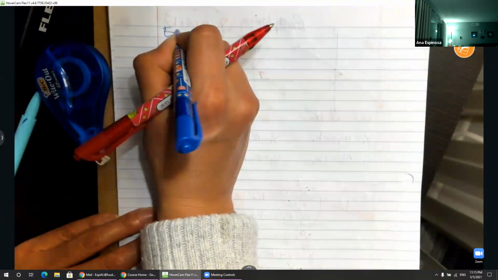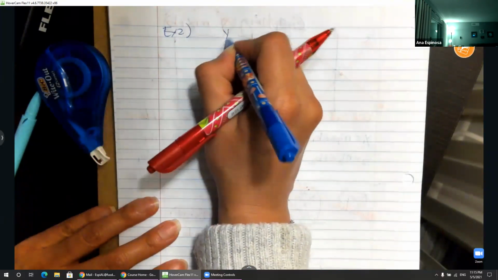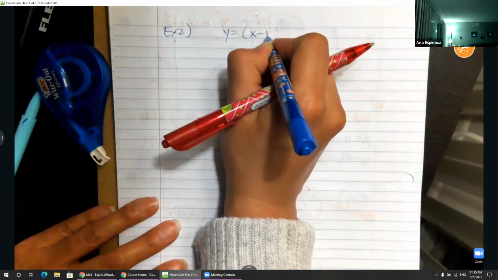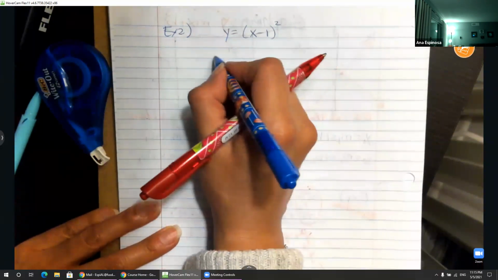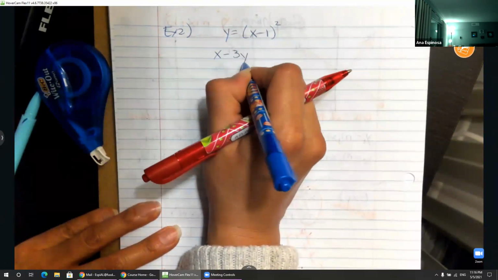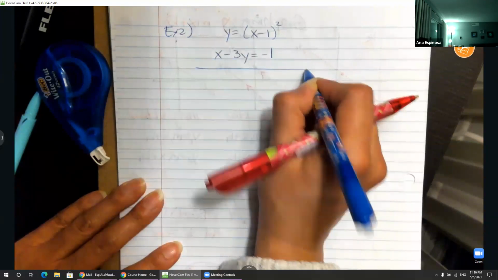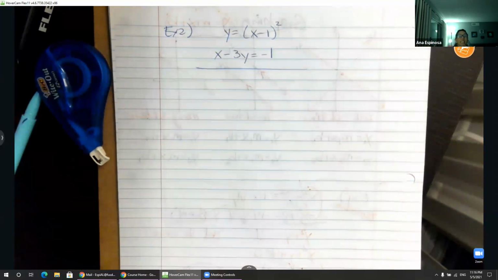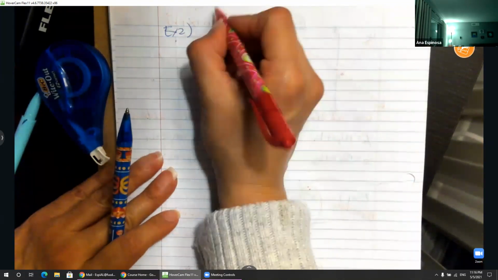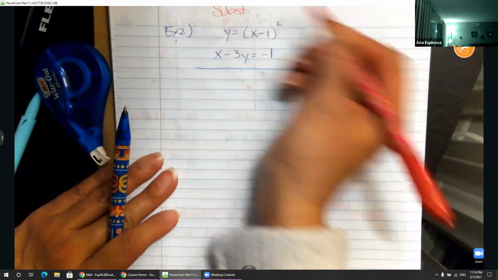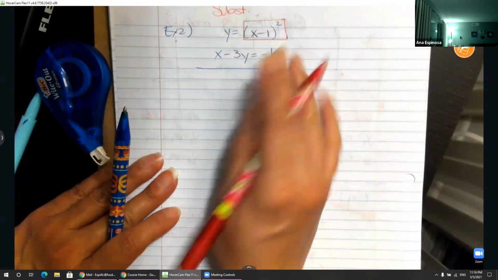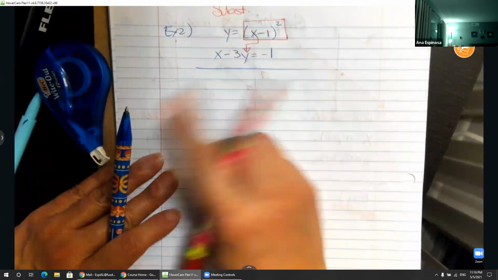All right, example 2. y equals x minus 1 squared and x minus 3y equals -1. Okay, this one is already set up for you to do substitution because they've already solved the y for you. So I would go with substitution here. I would take this and just box it and plug it in here.